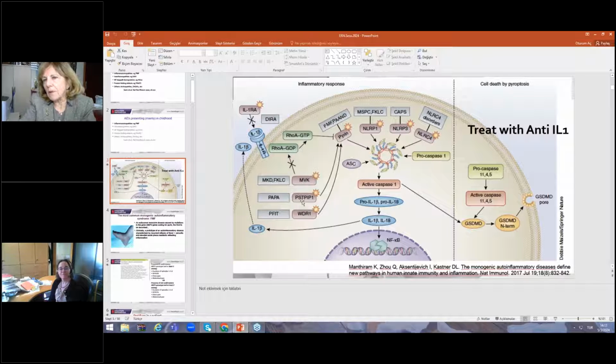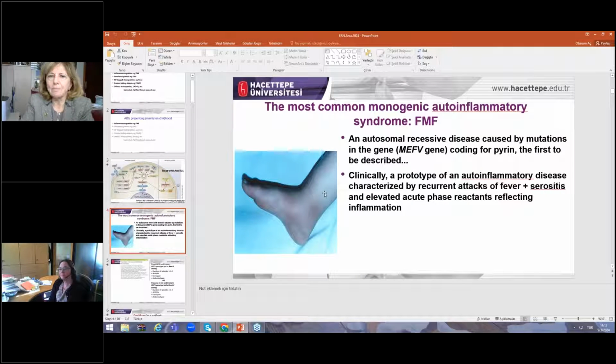And we know that the mevalonate kinase deficiency also has its effect through the pyrin inflammasome, and we'll come back to that as well. And in the end, this inflammasome is responsible for an overactivation of caspase when it is dysregulated with these monogenic diseases, and thus the production of high levels of IL-1 beta.